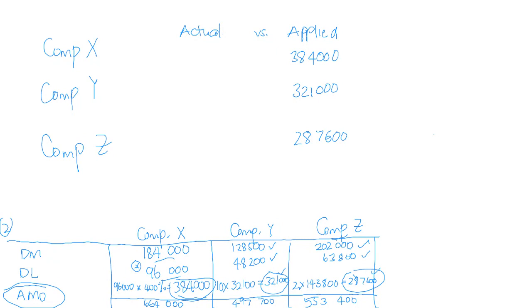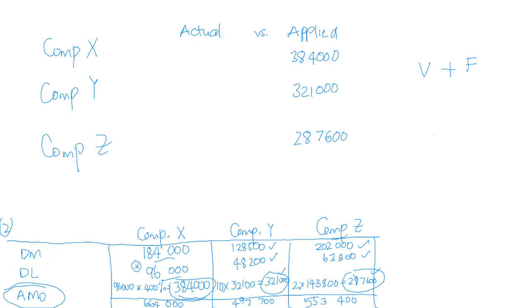Okay, for company X now, for your actual, all you're doing is looking at table 2, the actual results, and the actual overheads is now the sum, because they have separate variable and fixed. You will sum up the variable and fixed, and that will tell you the actual total overhead for each company. So if they didn't mention separate variable, separate fixed, they would have just said actual overheads, and you'd use that entire figure.